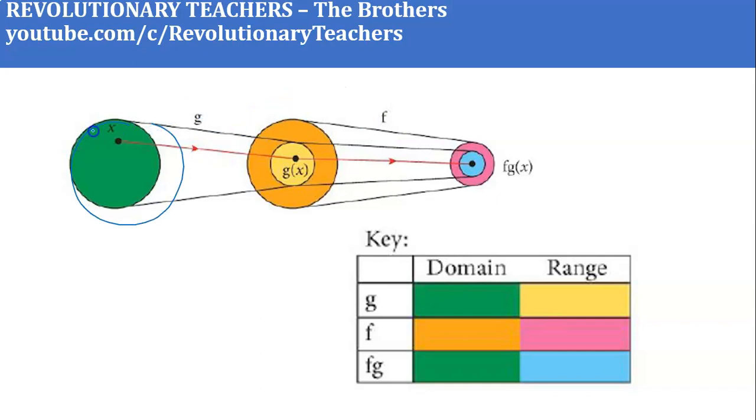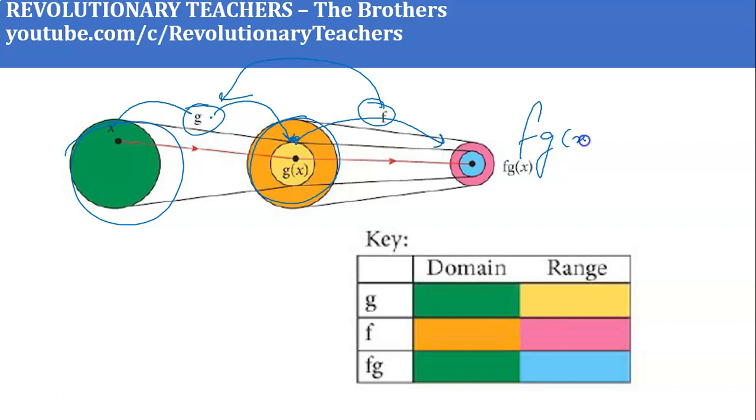When I substitute x in g, I will get the output, and I substitute that output in f. In f, I will get another output. So this will be called f of g(x).